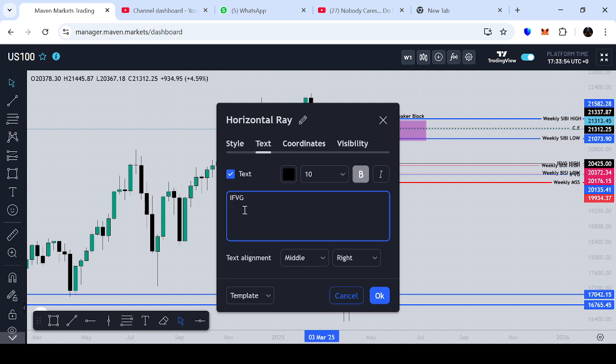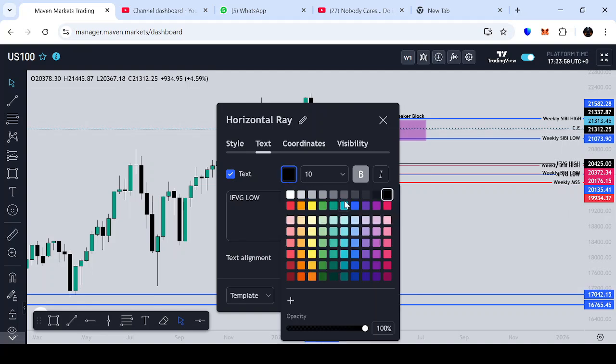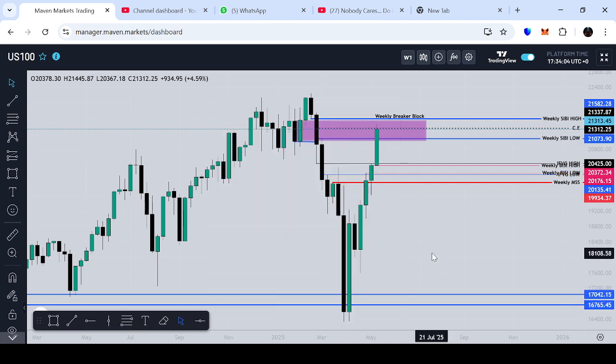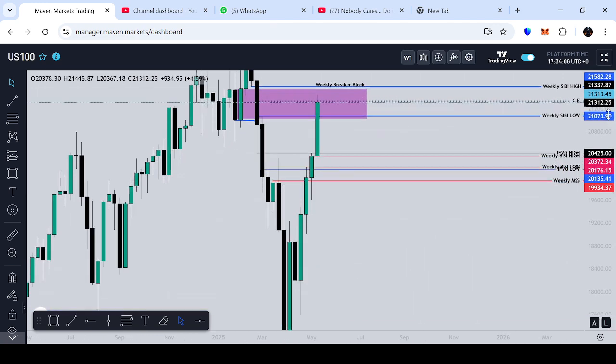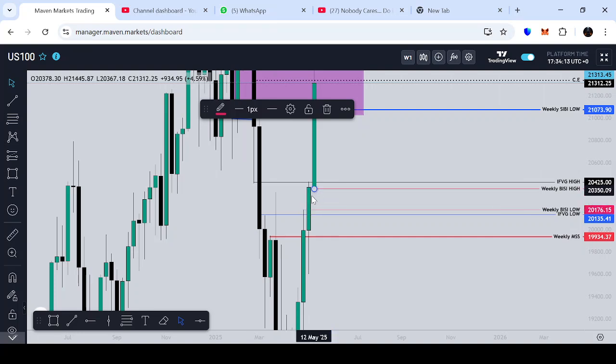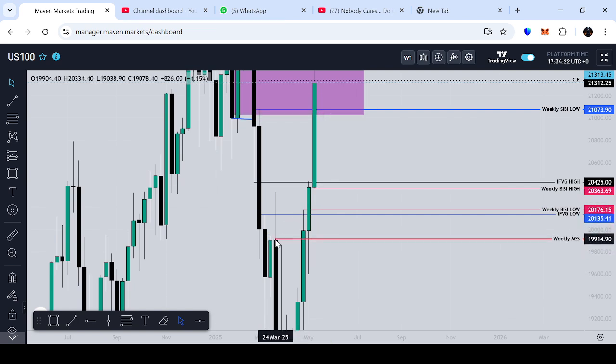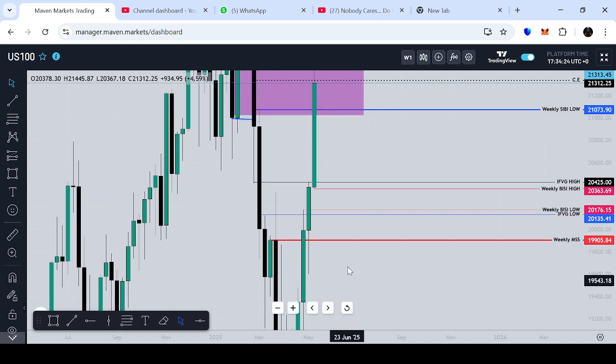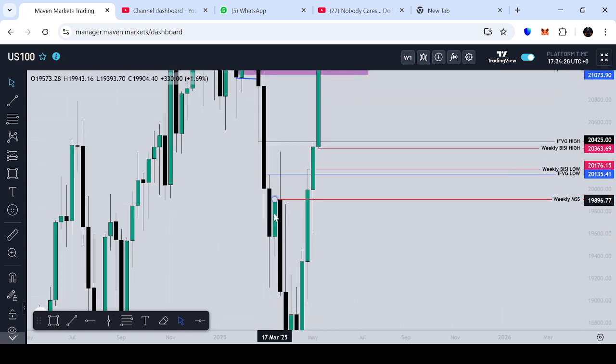And the inversion fair value gap low. The BISI, buy side inefficiency, sell side imbalance, after a break of structure right here. So this bullish candle here, as the up close candle, is going to stand as a breaker.